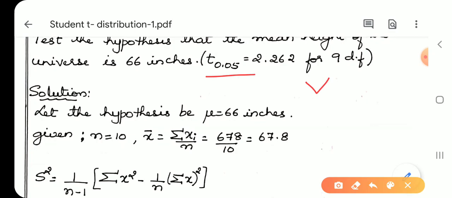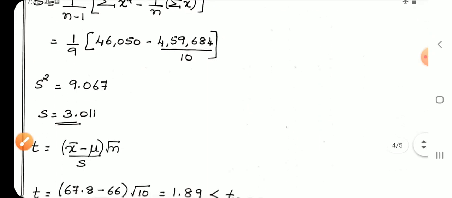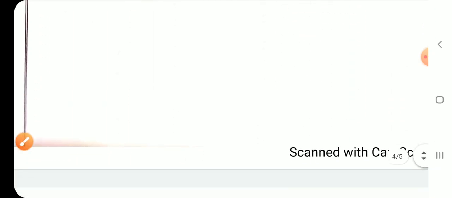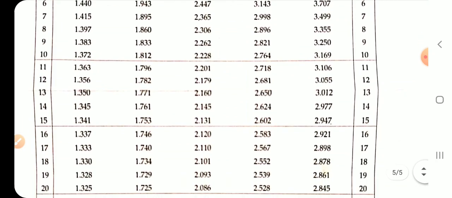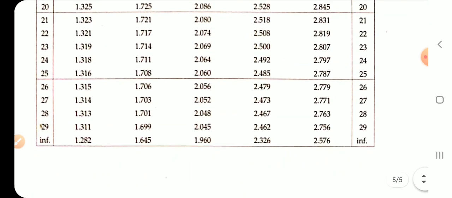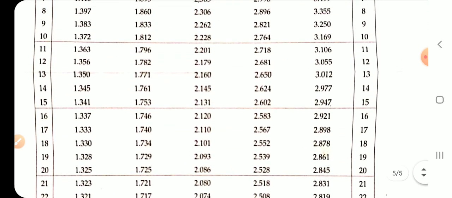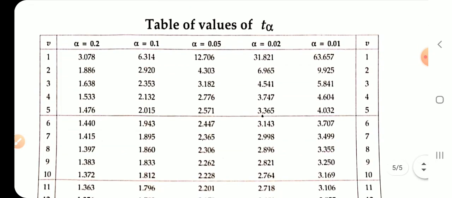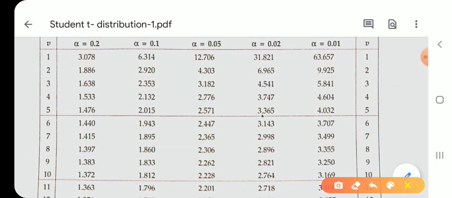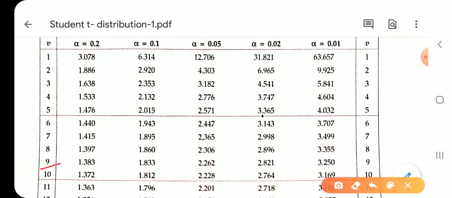So, we have to calculate at t of 0.05. I will show you using the table. See, this is the student t distribution table. The normal table you have already used. Here, we have just now calculated that the value of v is 9.